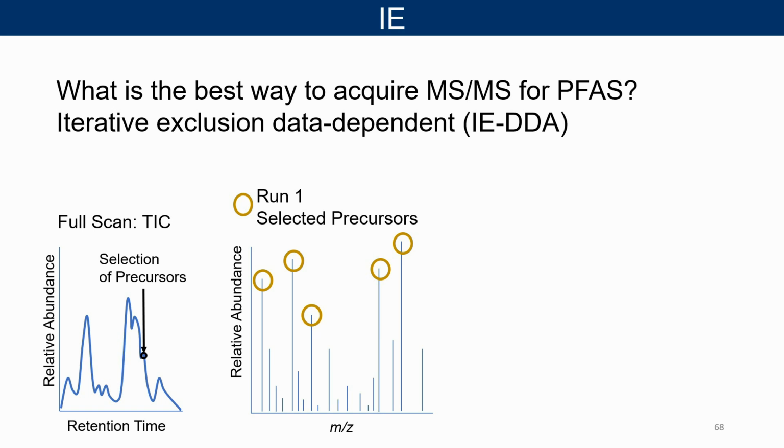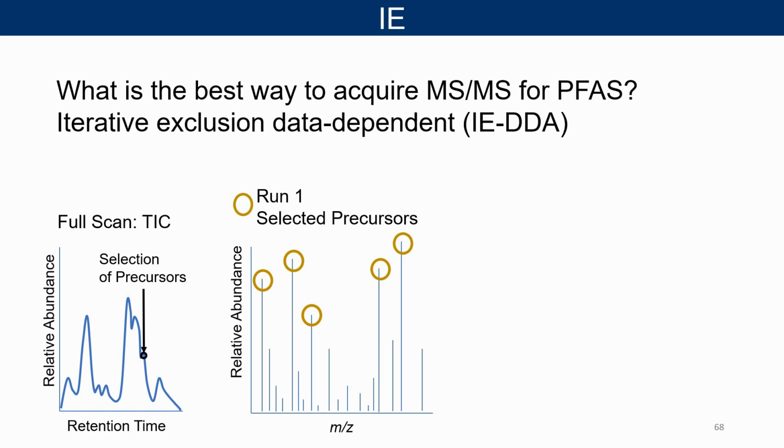A lot of vendors such as Agilent have built-in iterative exclusion, and Thermo, you have to pay for it, but you can get AcquireX, which is an intelligent acquisition method on their instruments as well, where you can use information from a prior injection to determine what you get MSMS on in the sequential injection.